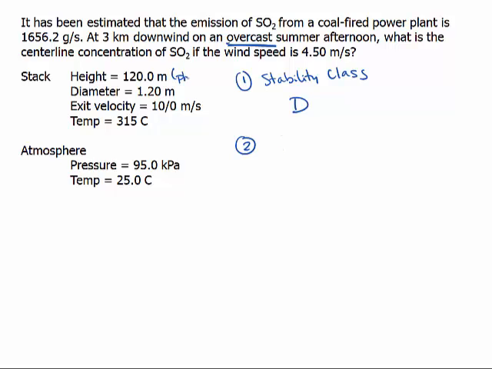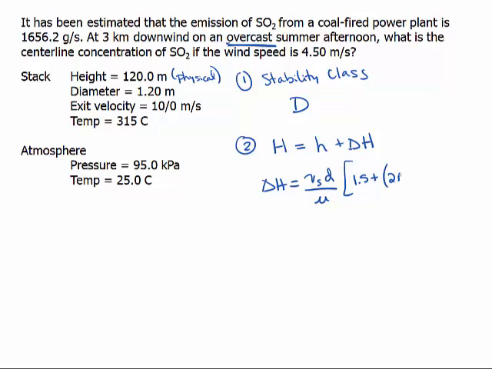This is the physical stack height plus the rise of the plume, and the rise of the plume is equal to the velocity times the diameter divided by the wind speed, 1.5 plus 2.68 times 10 to the negative 2 times pressure times Ts minus Ta divided by Ts times D.